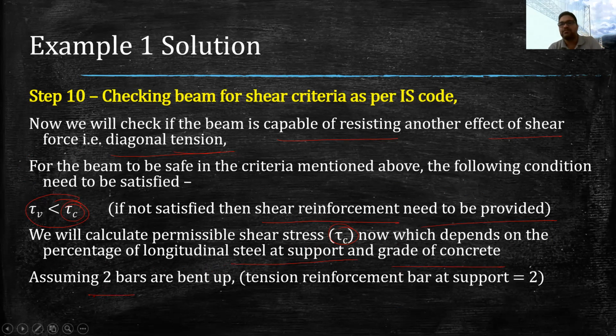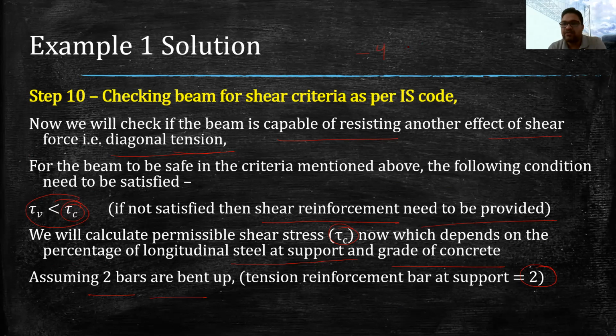Generally we bend up the bars to resist the shear force. So here we are assuming two bars are bent up, which means the tension reinforcement bars at supports are 2. The maximum number of bars in tension reinforcement we have provided is 4.